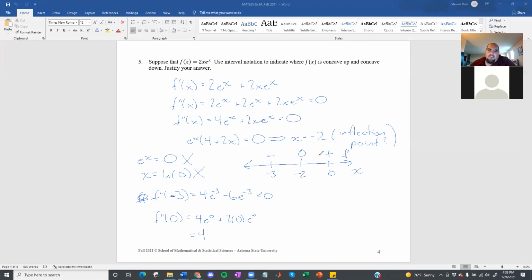The whole point of this was for us to figure out, so we know that at x equals negative 2 we have no concavity. Second derivative is equal to 0. But to the right of that, the second derivative was positive. And to the left of that, the second derivative was negative. So what does it mean if the second derivative is negative? It's concave down. Yeah.